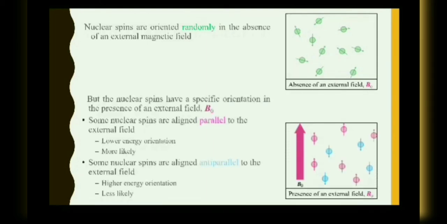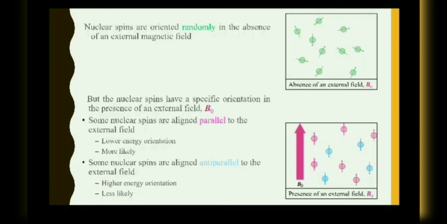But when the field is applied, the nuclear spins get into specific orientations. Some are aligned parallel to the field, some are aligned anti-parallel to the field. Those which are aligned parallel to the external field applied are lower energy orientations and they are more likely to happen.